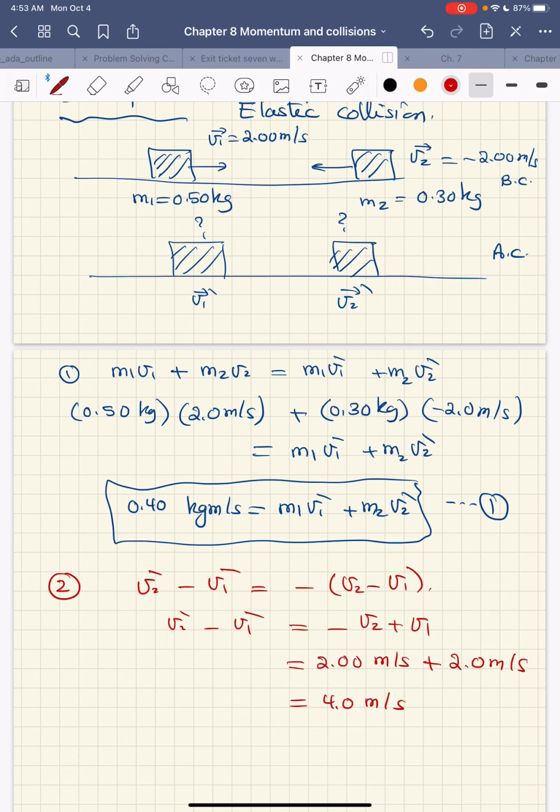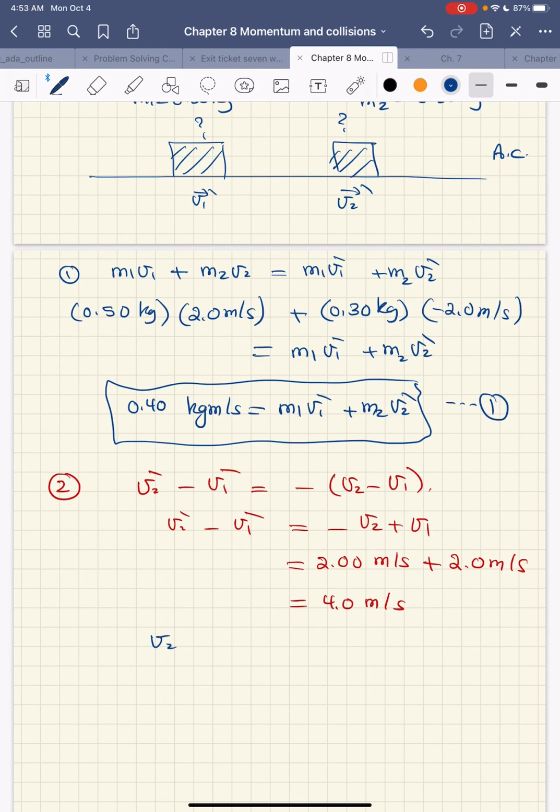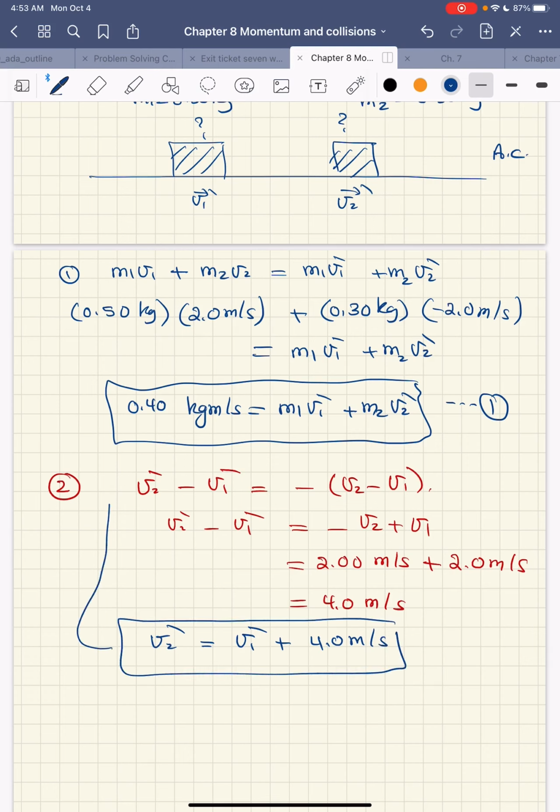V2 prime has a relation with V1 prime, and this is the relation which I can bring here and solve for one variable.